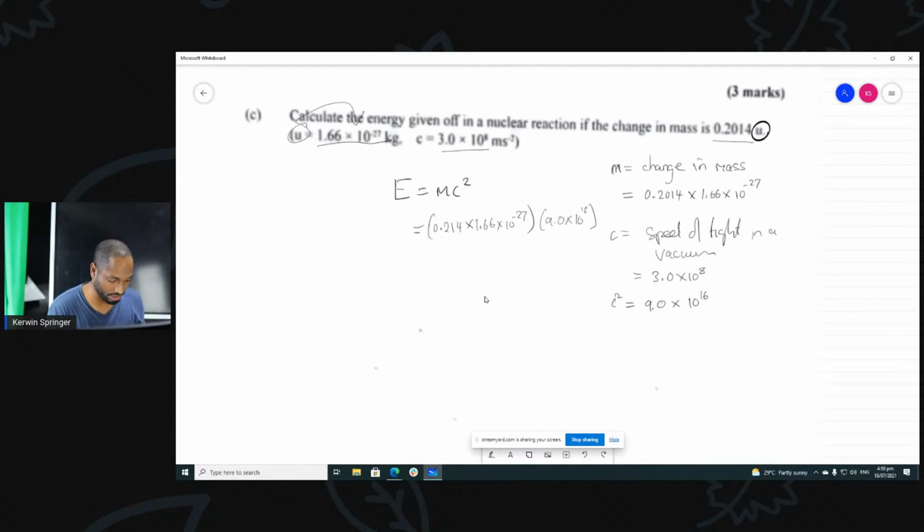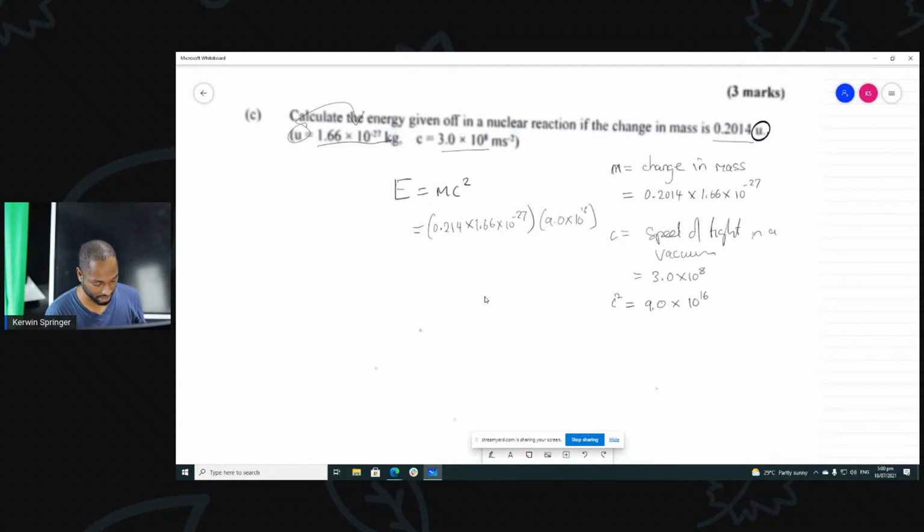0.214 times 1.66 times 10 to the power of negative 27 times 9 times 10 to the power of 16. Did I say 124 or 214? What did I say when I was typing just now? 0.214 times 1.66 times 10 to the power of negative 27.